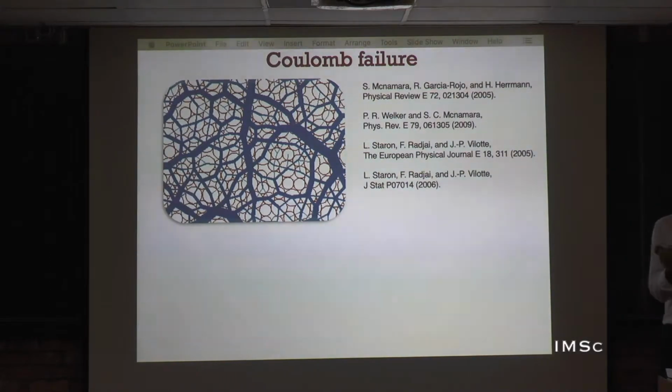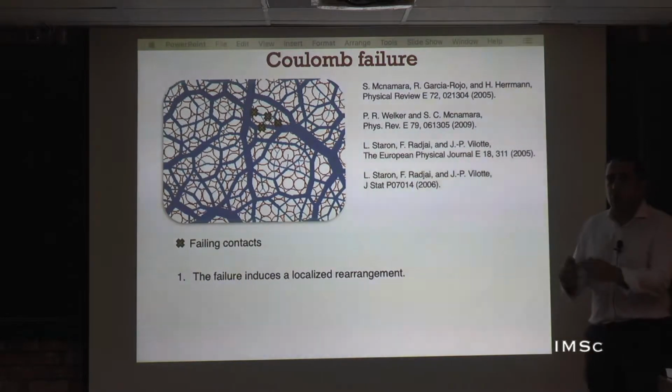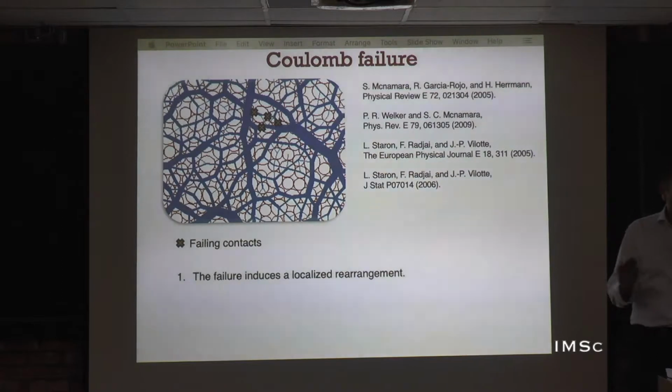So what could happen is that you are slowly deforming the system, and at some point one of the contacts reaches the Coulomb threshold. What's happening afterwards? Well, you have two possibilities. Either something small happens, so a few other contacts close by reach the Coulomb threshold and then everything stops.